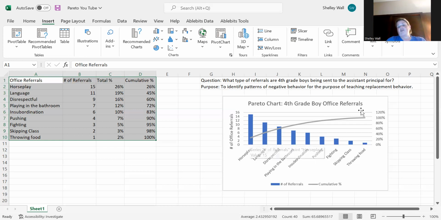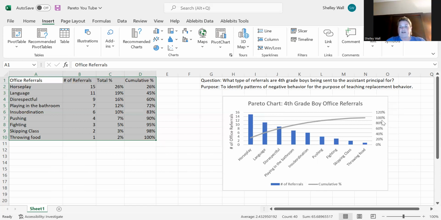What this does is create your line of 80-20. So looking at our whole chart, we've gone through and labeled our axes, number of office referrals. This is our secondary vertical axis, which just shows us the percentage of office referrals.